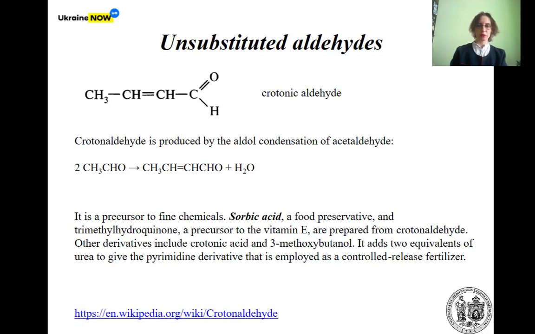This compound is used as a precursor for synthesis of sorbic acid. Sorbic acid, its salt, is used as a food preservative, and it can also be used as a precursor for vitamin E synthesis.